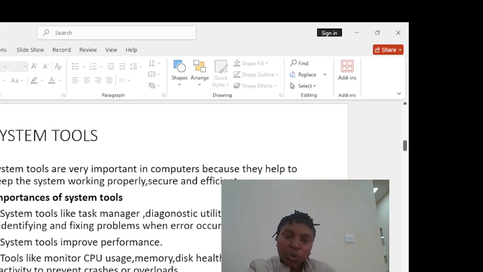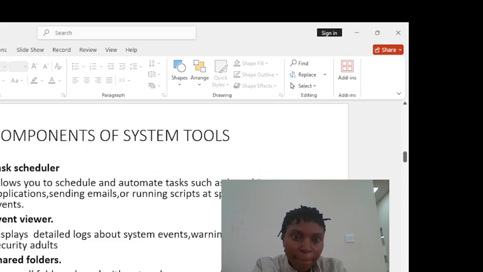System tools also help in improving the performance of computers. Tools that monitor CPU usage, memory, disk health, and network activity prevent crashes or overloads of the storage.